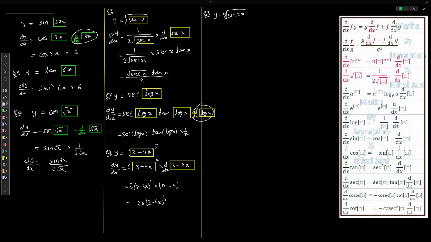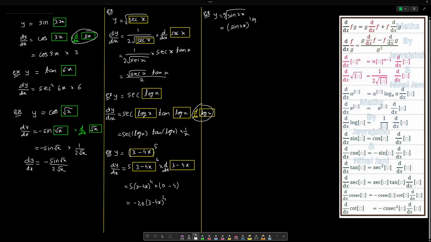Ninth root of sine 2x. Let's simplify first. This is actually sine 2x raised to 1 by 9. Now does it feel a little manageable? Okay, tell me, on what will we make the box? Yes, sin 2x is your inner function, so consider a box around it and ignore it.